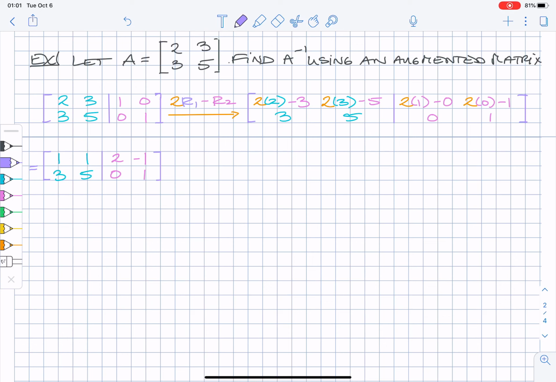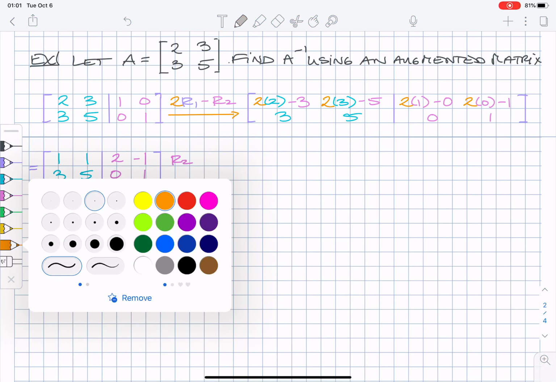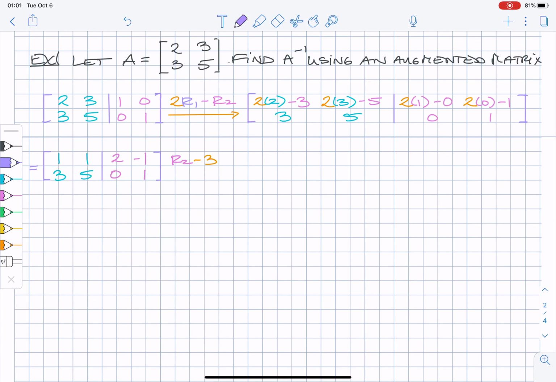Okay, so now I claim if I do row 2 minus 3 times row 1, that'll get me the 0 where I want it. So we have row 2 minus 3 times row 1, augment, row 2 minus 3 times row 1.